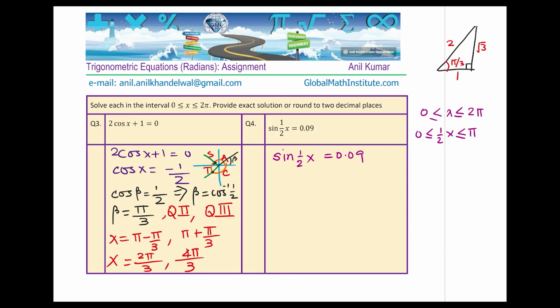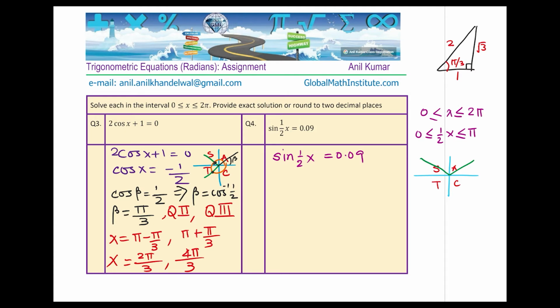Since we are looking into only half of the wave, within the whole interval we only expect half of the wave. We know from the CAST rule that sine is positive in quadrant 1 and 2, and therefore the solution will exist for a positive value in 1 and 2.